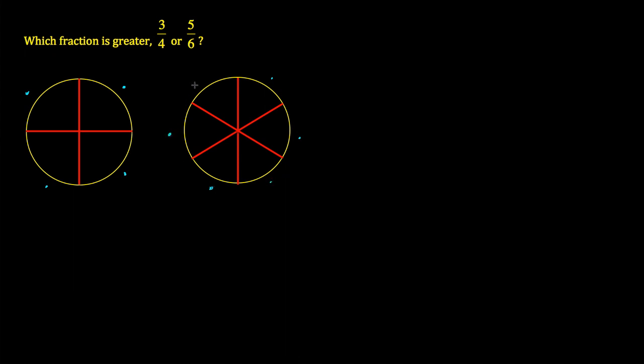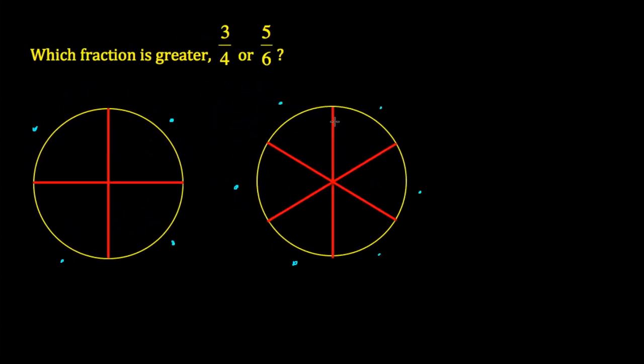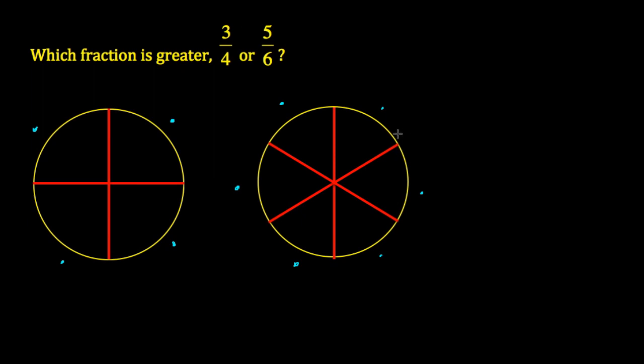So if this were a pizza, for example, and you know I like to talk in pizzas, one of these slices is larger than one of these slices. So let's continue with that pizza idea. If I'm going to look at 3/4, I'm talking about, say, taking 3 out of the 4 pizza slices. So this is 1, 2, 3 out of the 4.